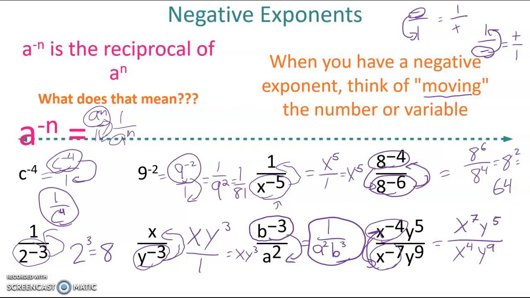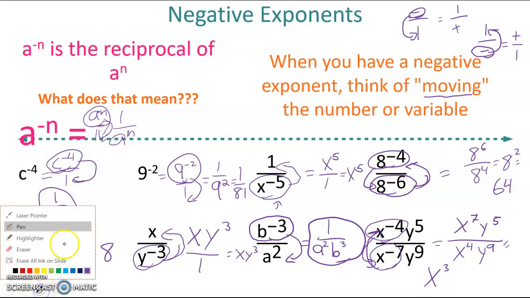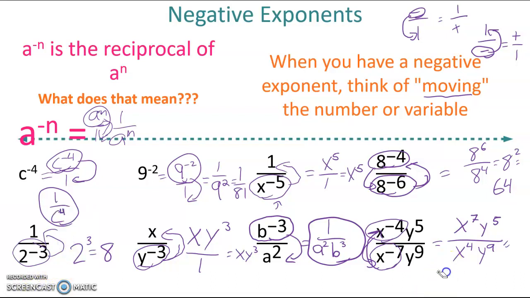Now when we simplify it out here, it's going to turn into x to the 7th over x to the 4th. I just find my similar bases, x's on top and bottom, y's on top and bottom, and I simplify. X to the 7th over x to the 4th turns into 7 minus 4, which is x to the 3rd power.